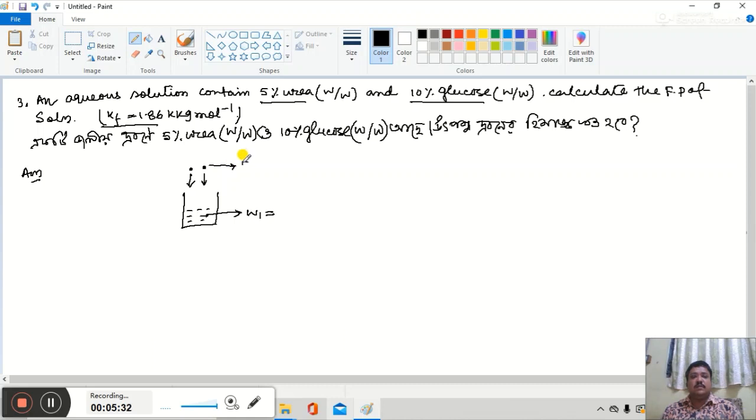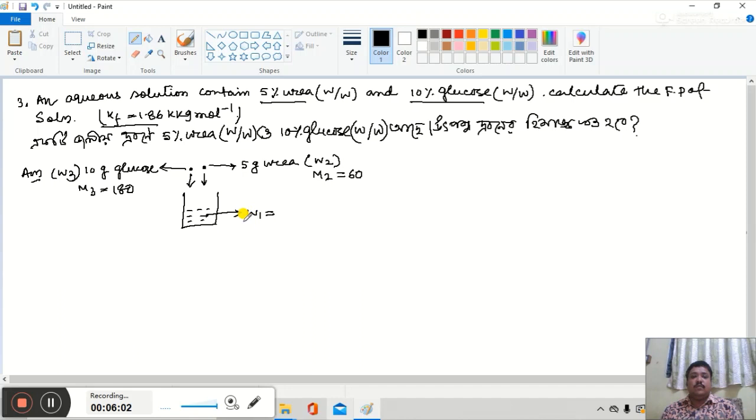One is 5 gram urea. If we take this value as W2 and this M2 is 60. On the other side, 10 gram glucose. It is taken as W3, its molecular weight is 180, M3.